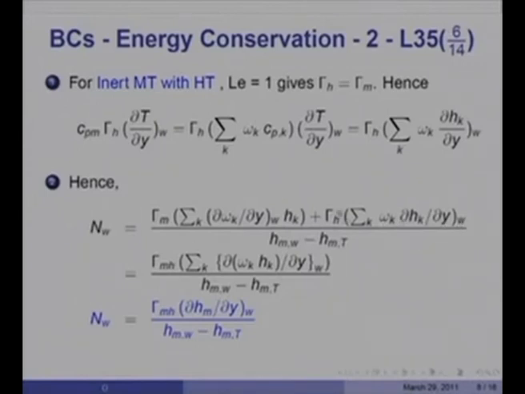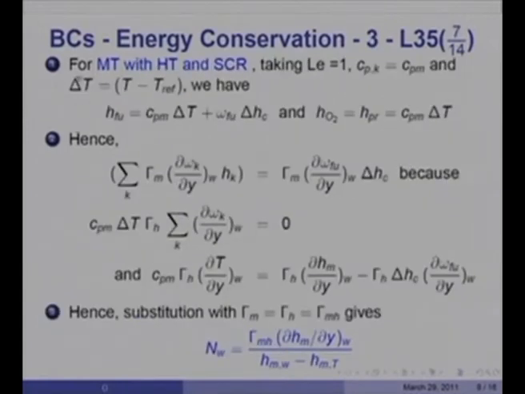But since we have assumed gamma h is equal to gamma m, these two terms are simply differentials of a product omega_k h_k dy at W. Summation of omega_k h_k is simply h_m, so we get gamma m dh_m by dy at W over h_mW minus h_mT. So N_W takes the same form as derived from the mass conservation principle, but with the variable enthalpy h_m.